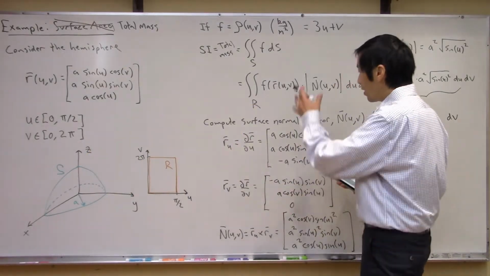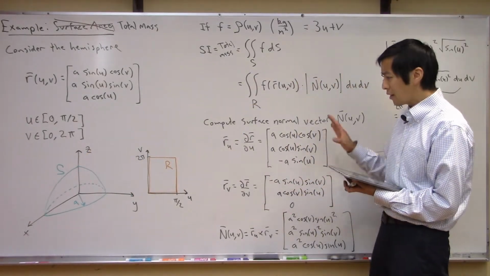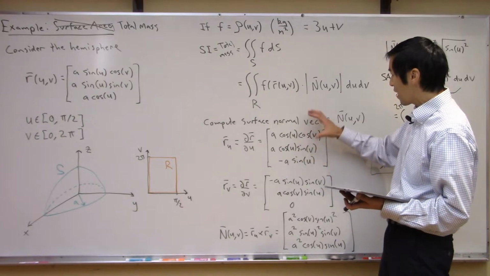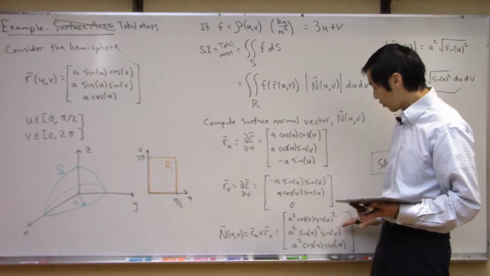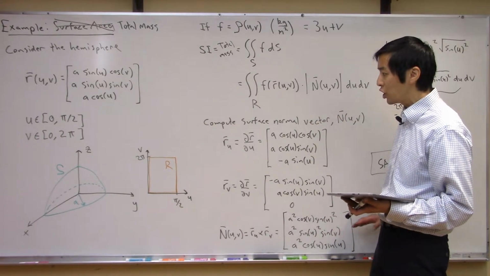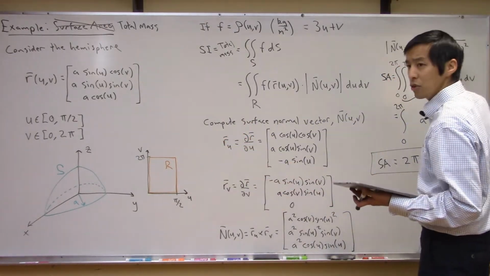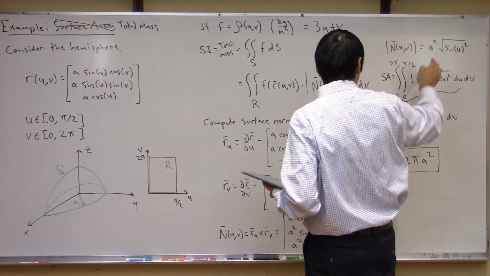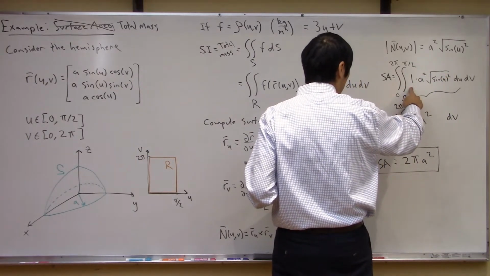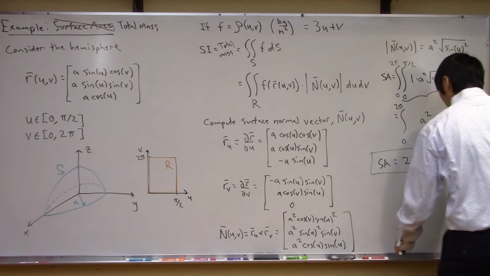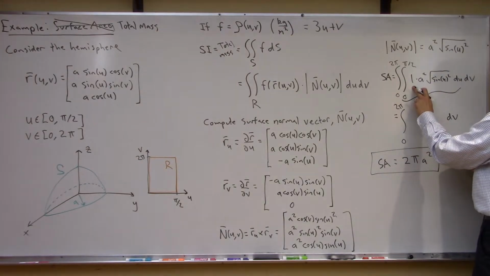All right, so let's go through and see what changes. This is the same from the previous example. The surface normal vector doesn't change because we're dealing with the exact same surface, and therefore the magnitude of that surface normal doesn't change either. This is the only spot where we have to make a change. Earlier, our function f was really simple, it was just 1.